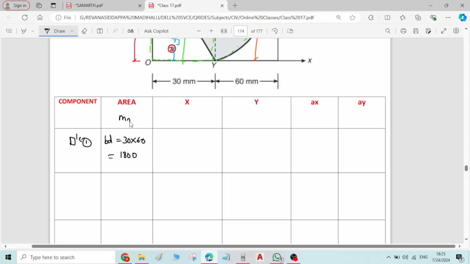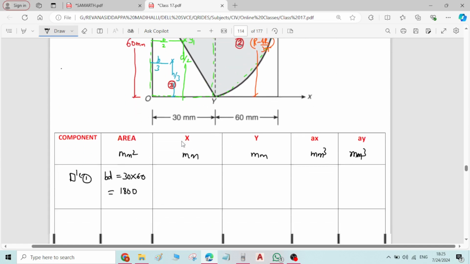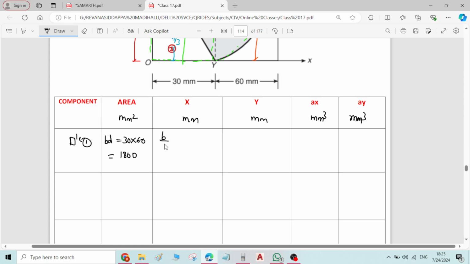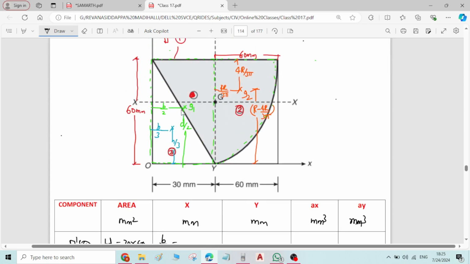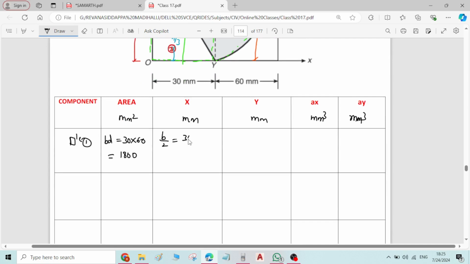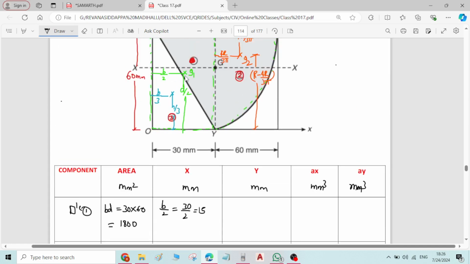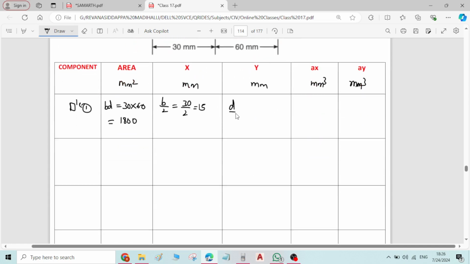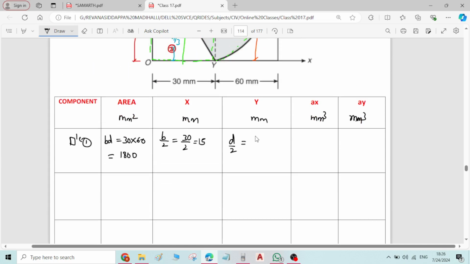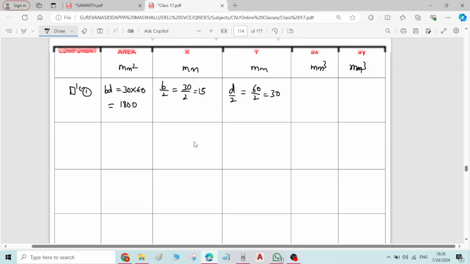The units are millimeter square for area, and millimeter cube for moments of area. The x value for the rectangle is b by 2, which is 30 by 2, equal to 15 mm. The y value is d by 2, that is 60 by 2, 30 millimeter.